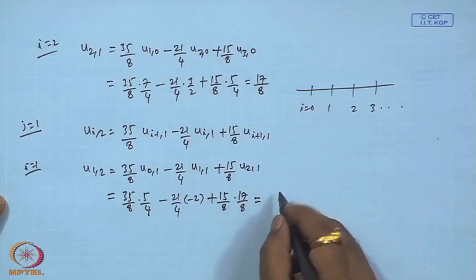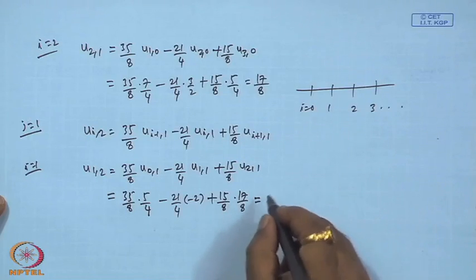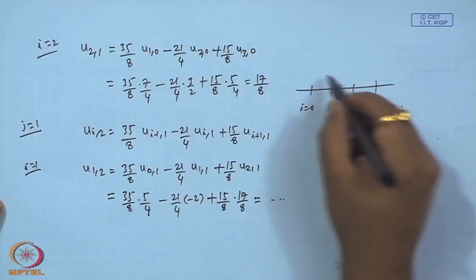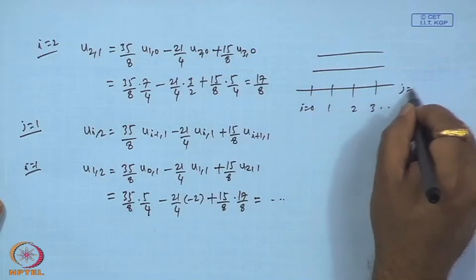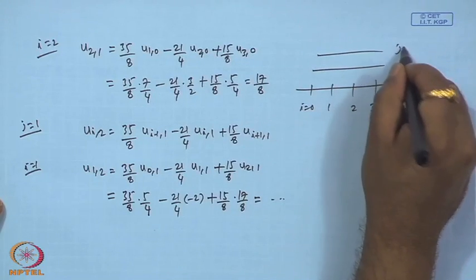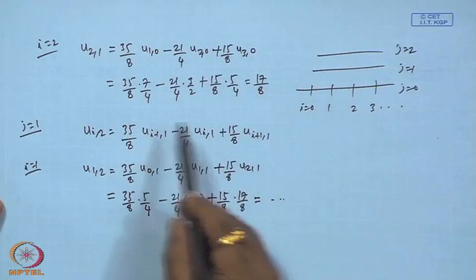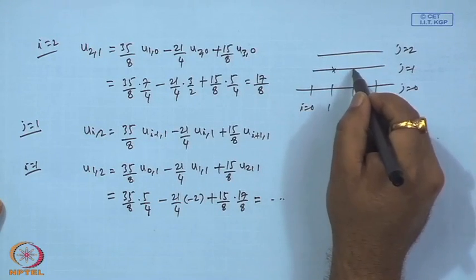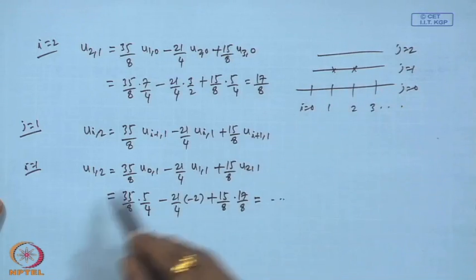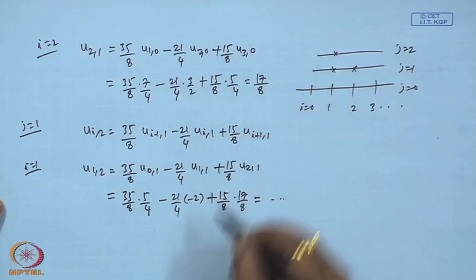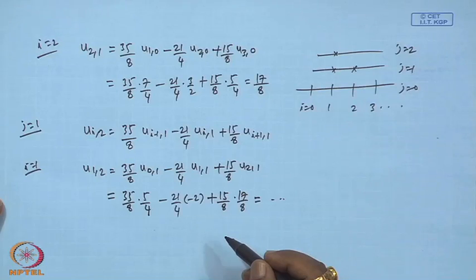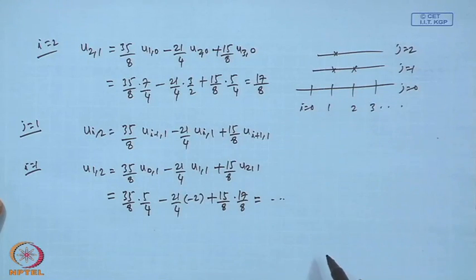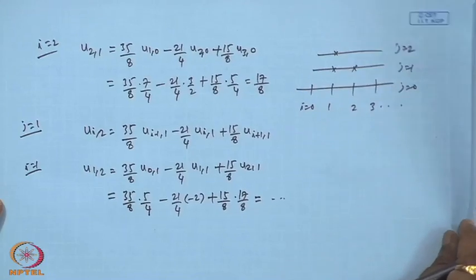So, we get some number. Okay. So, that means we can keep on computing j 1, j 2. You can see we have computed u 1 1, u 2 1, then we could go for u 1 2. Okay. So, one can compute the values like this.